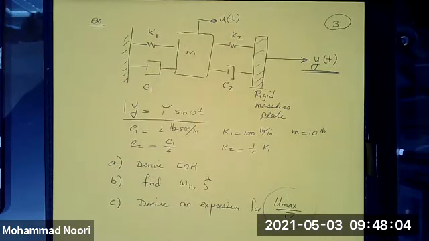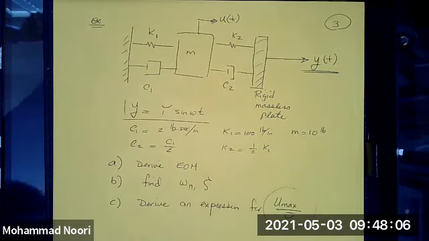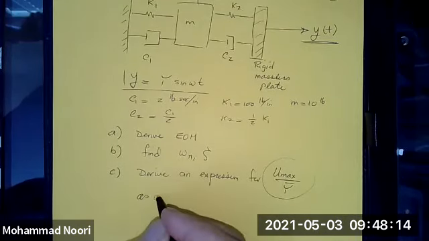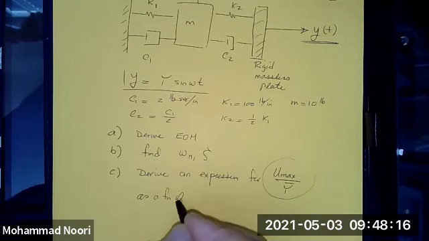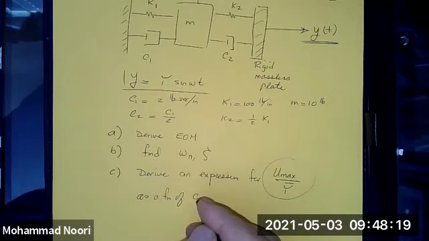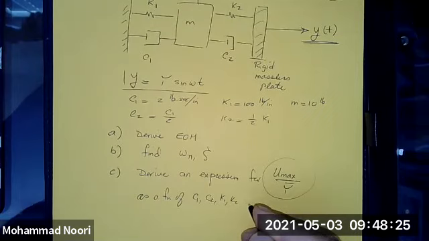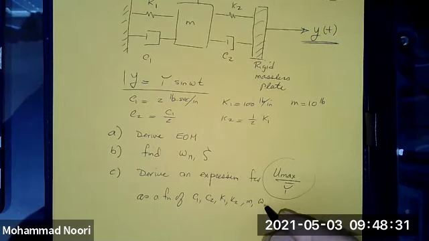So it's a generalized form of the previous problem that I gave you. You want to find this quantity as a function of the given parameters of the system: C1, C2, K1, K2, M, omega, and omega n.